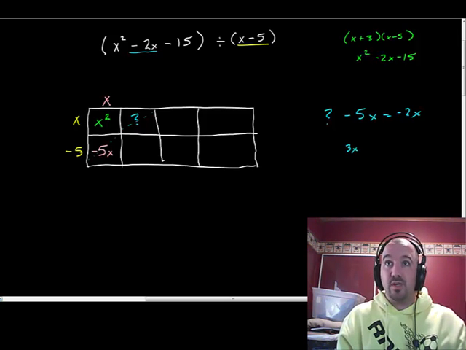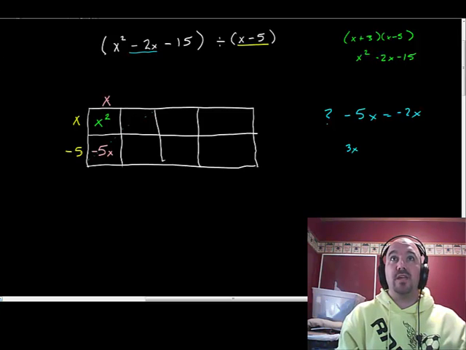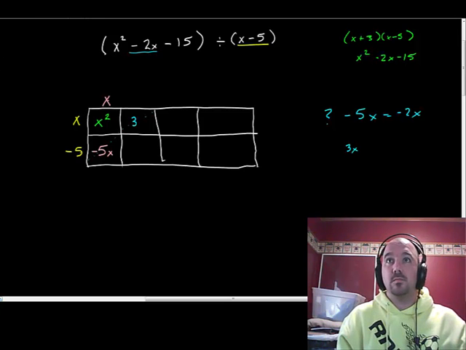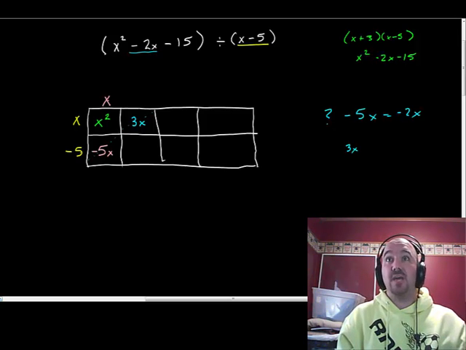So that's what we're going to put in place of this question mark here. So we put our 3x in there. And then we go through the exact same process. X times what is 3x, and that becomes a 3. And then we say 3 times x is 3x, yes. 3 times negative 5 is negative 15.